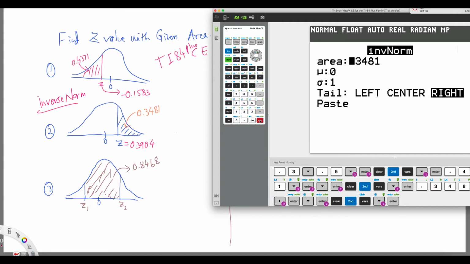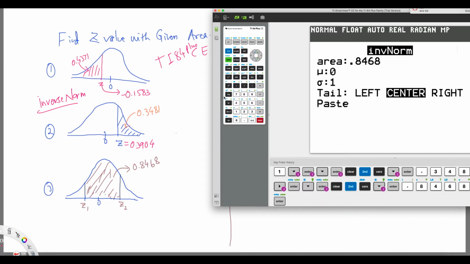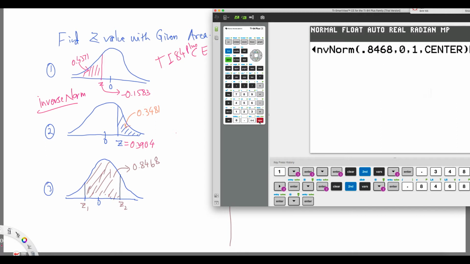Hit enter, and then the area is 0.8468. Mu is 0, sigma is 1, and the area is in the center. So select center, hit enter, and then go down to paste and hit enter.